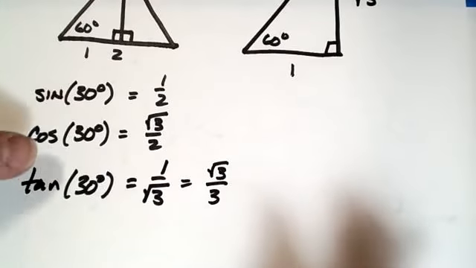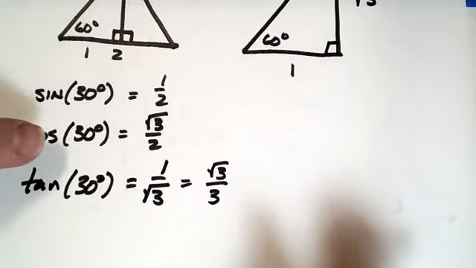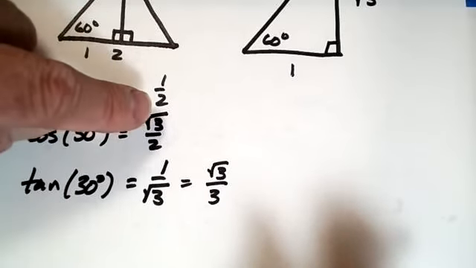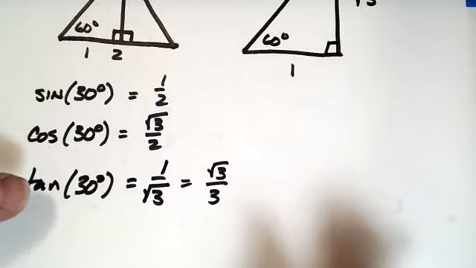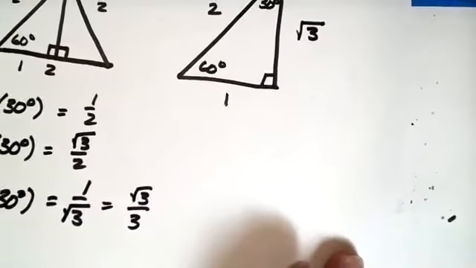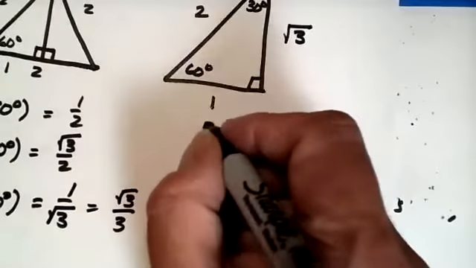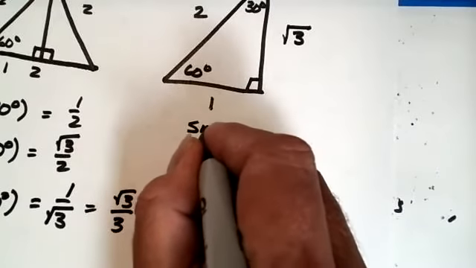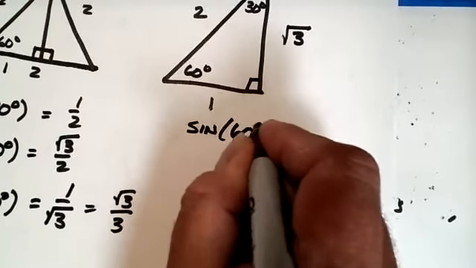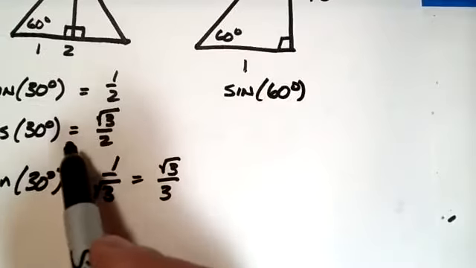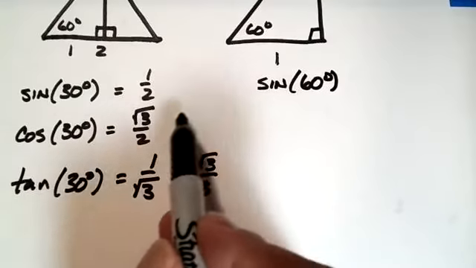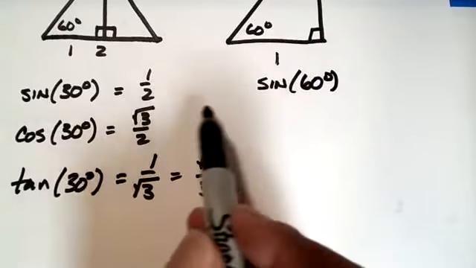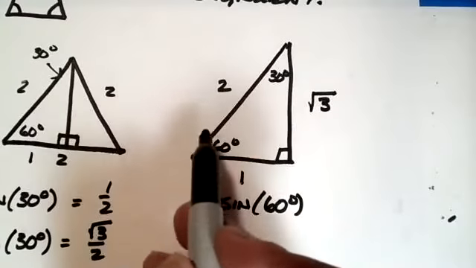And of course, if you wanted the reciprocal functions, cosecant would be 2, secant would be 2 root 3 over 3, cotangent would be square root of 3. Now, how about the 60 degree angle? So sine of 60 degrees. Well, I mean, we can do this in a number of ways. We know that these are cofunctions of complementary angles. It's got to be the same number, but let's just make sure that that's what we get.